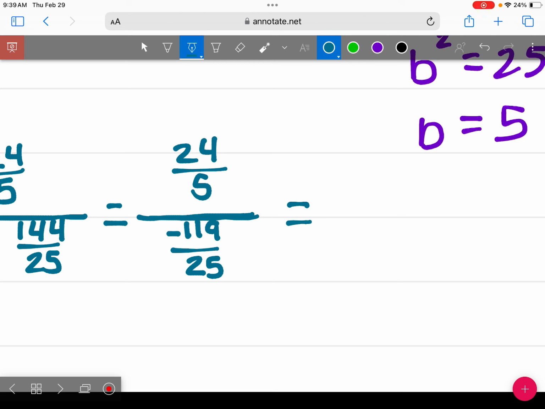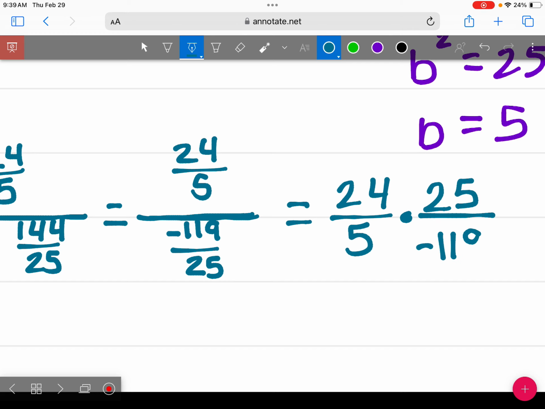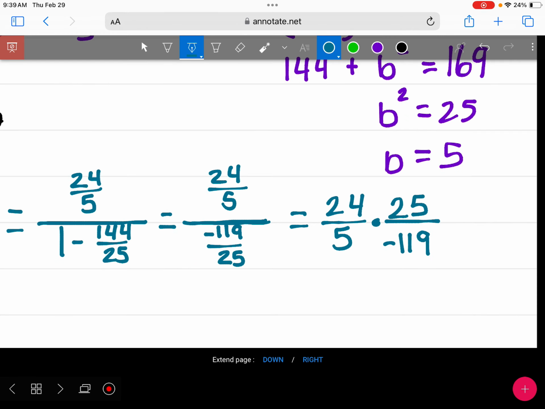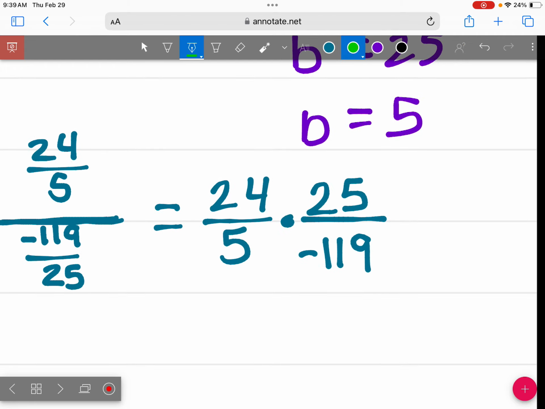And now we can make this not be fractions upon fractions. We can multiply by the reciprocal. So we're going to have 24 over 5 times 25 over negative 119. And we need to simplify this. You can do that, but then you're going to be simplifying that big old guy.